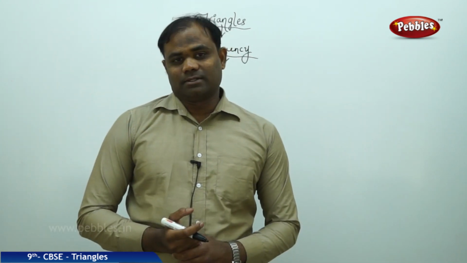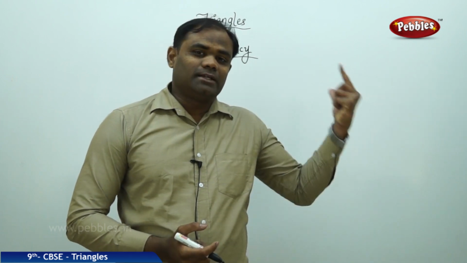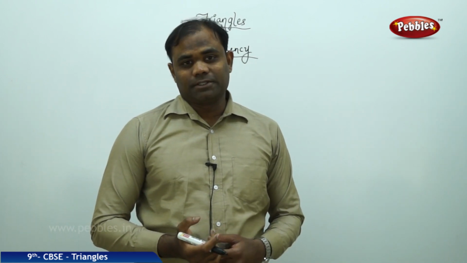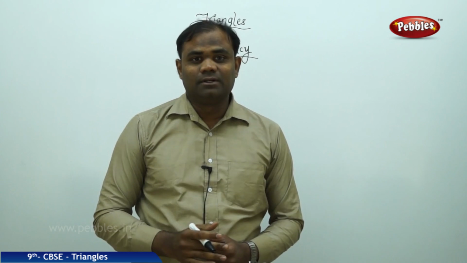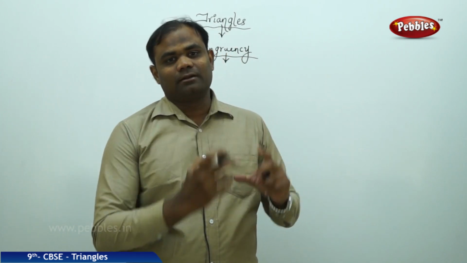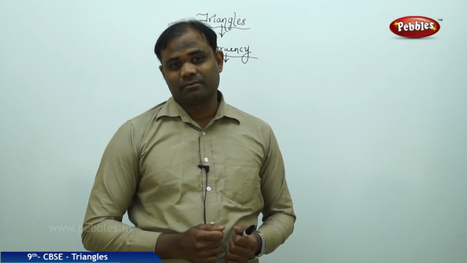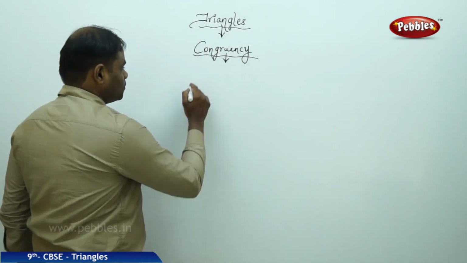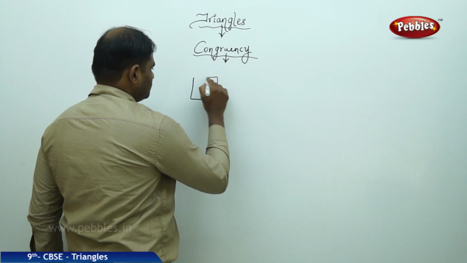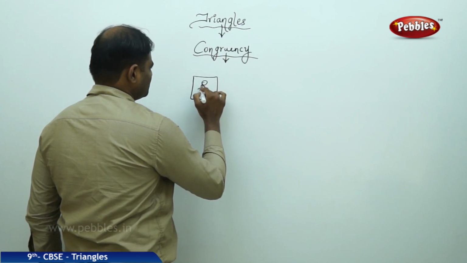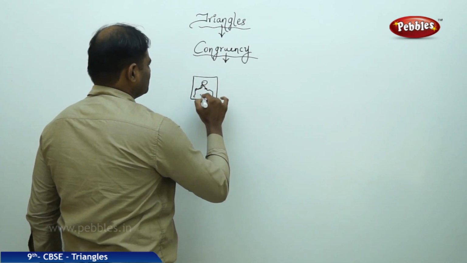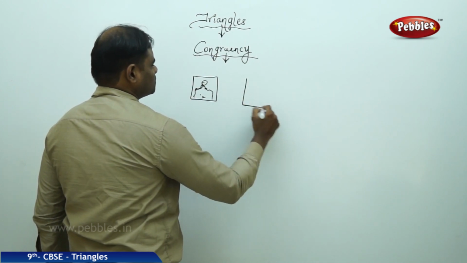What is congruency? Before we get into the actual mathematical definition, say for example, I have taken a picture of mine on a mobile phone. I have taken the picture twice. So this is my picture 1 and this is my picture 2.